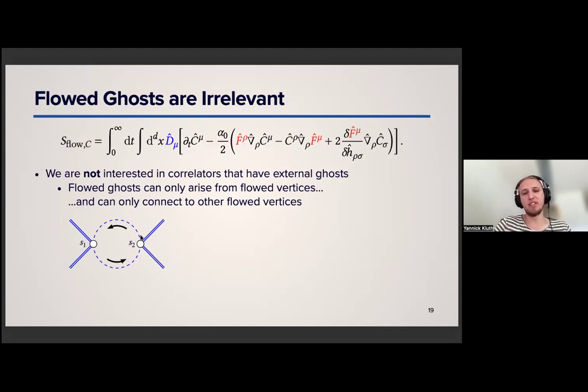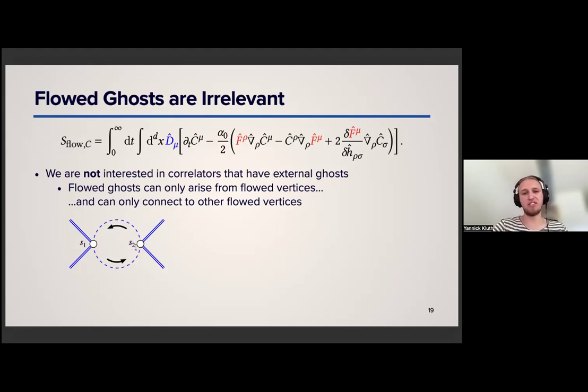And an example is given here, which is simply the easiest example you could think of. But the important part that we have to make here is that remember that these flow lines always come with Heaviside theta functions.